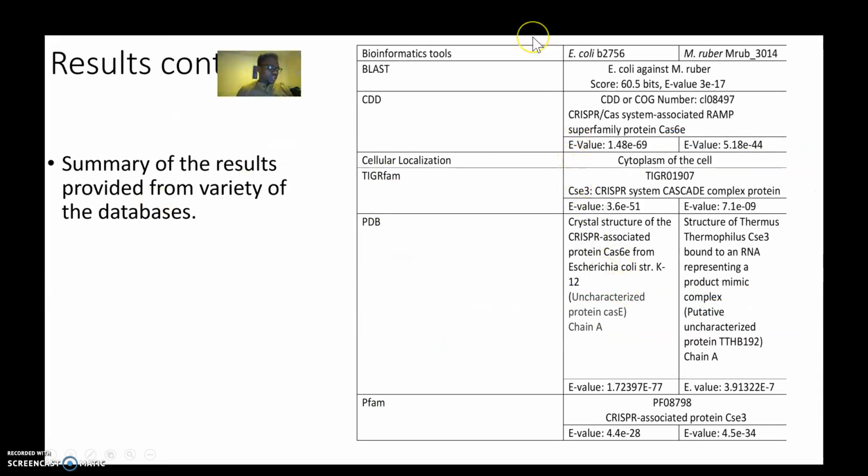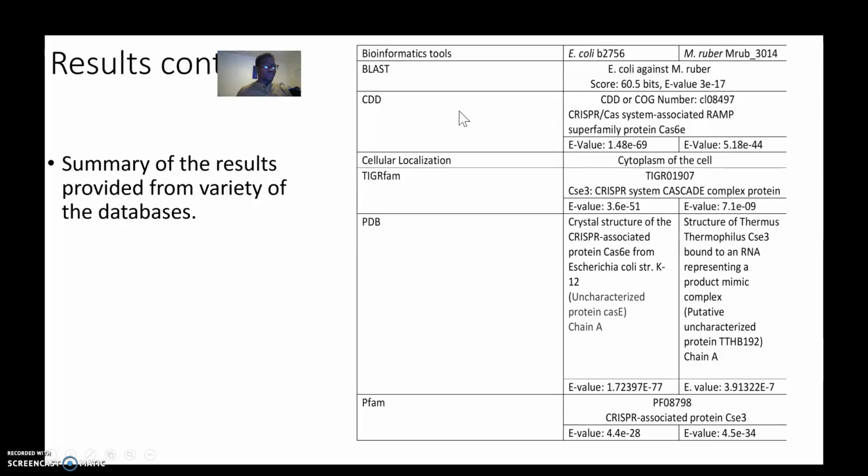Anyways, one was that B2756 PDB codes for 4DZD, which is the crystallized protein structure for the CRISPR-Cas associated protein Cas6e from E. coli, and then two, mROB 3014 PDB code is 3QRP, which is the crystallized structure of Thermophilus Cas3 bound to an RNA representing a product mimicking the complex.